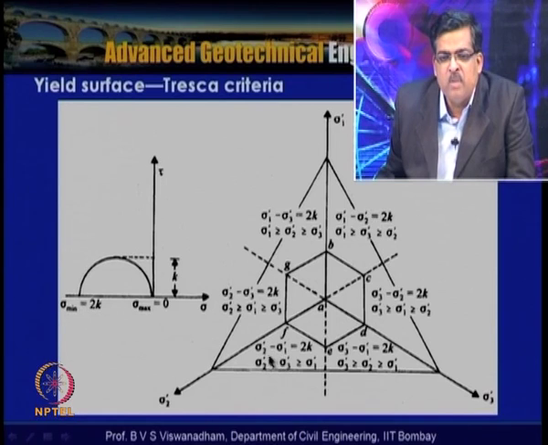Similarly, near the sigma 2 axis, sigma 2 minus sigma 1 is equal to 2k, where sigma 2 is greater than or equal to sigma 3 greater than or equal to sigma 1. And here, sigma 1 minus sigma 3 is equal to 2k, where sigma 1 is greater than or equal to sigma 2 greater than or equal to sigma 3.